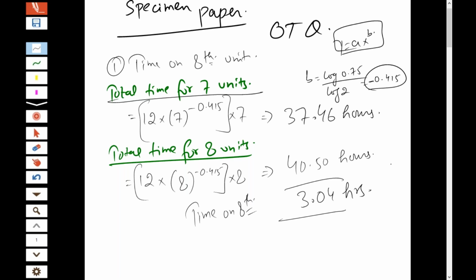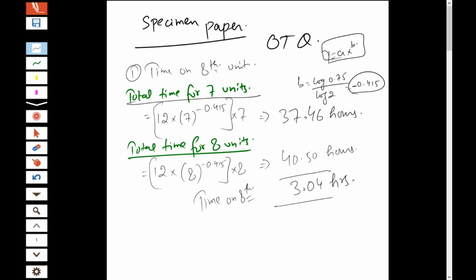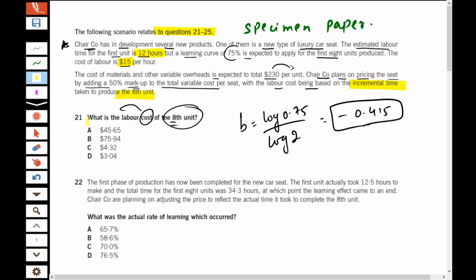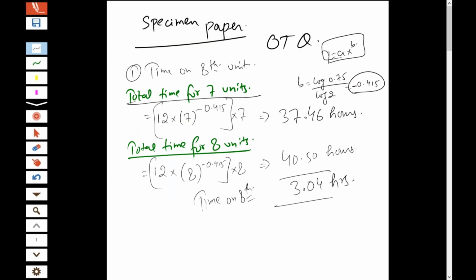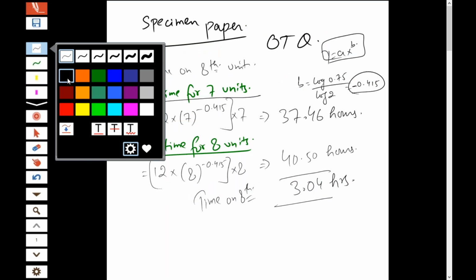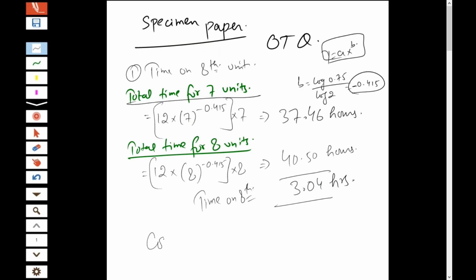And what is the actual requirement? Labor cost on the 8th unit. What is the labor cost? That is 15 dollars per hour. Labor cost is 3.04 multiplied by 15 dollars.